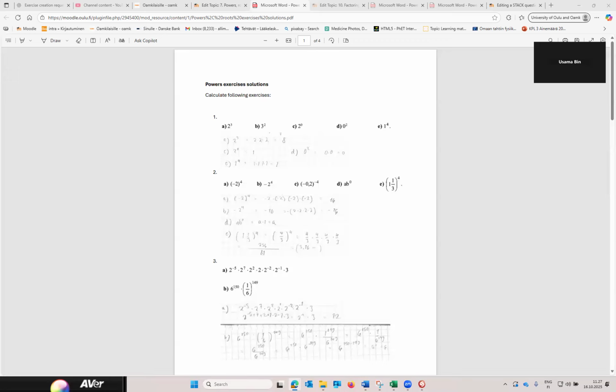Or I could also modify it like this, in the power of 1/6, and then put it in the calculator that way as well. I would first do the 7 to 9 and then here the fraction power. And I get the same answer. Seems to be 3.